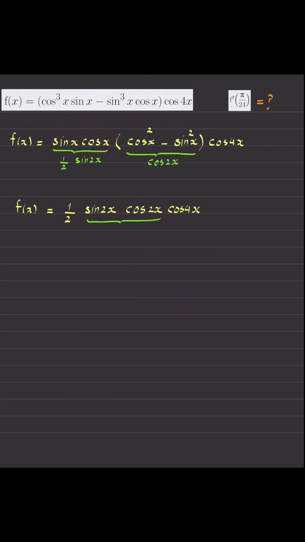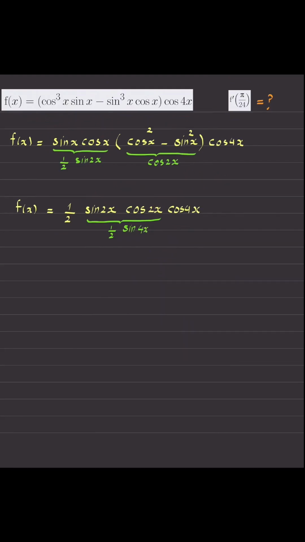But the problem here is x is now replaced by 2x. So if it was 2 sine 2x cosine 2x, the answer would have been sine of the double angle, 4x. But now we do not have a 2 here, so this is equal to 1/2 sine 4x. So I will do that. So this is 1/2 sine 4x.